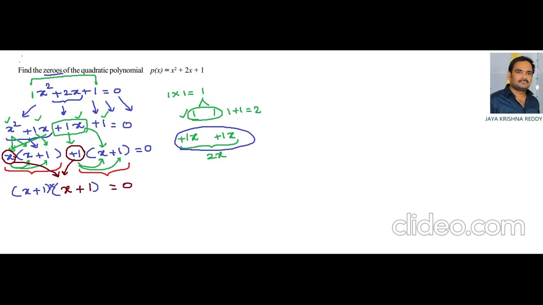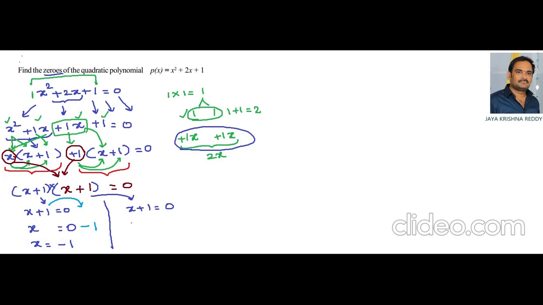The product of these two terms is equal to 0 means that either the first term x plus 1 may be equal to 0, or the second term x plus 1 equal to 0. So to find the value of x, equal to 0, and transport this plus 1 to the right hand side, then it will become minus 1, then x equals to 0 minus 1 is nothing but minus 1.